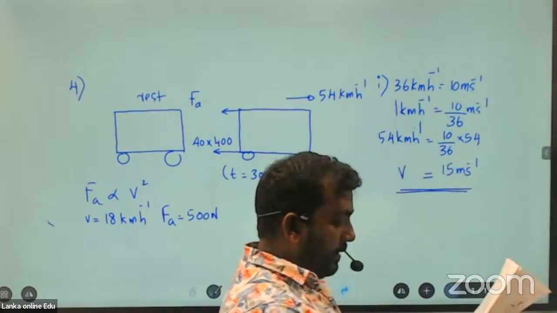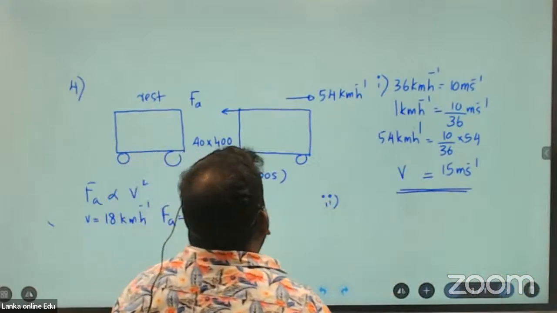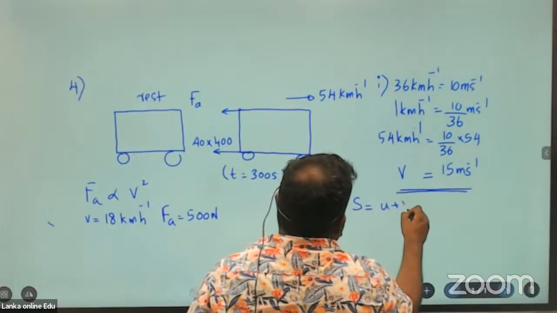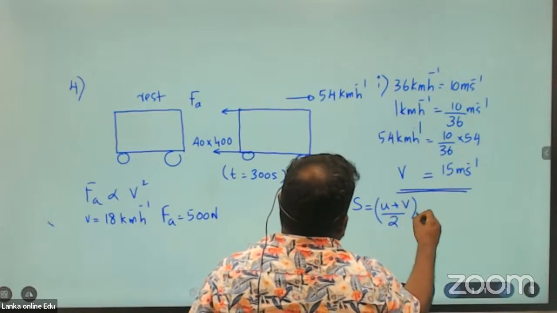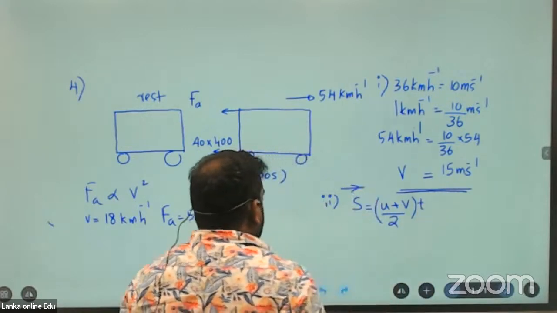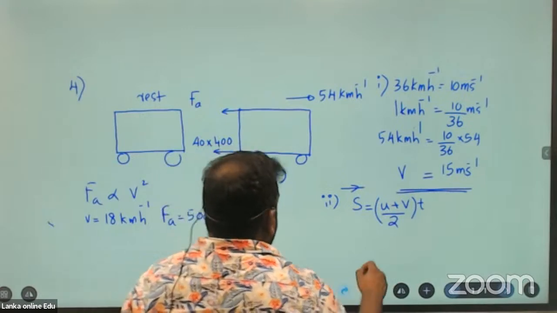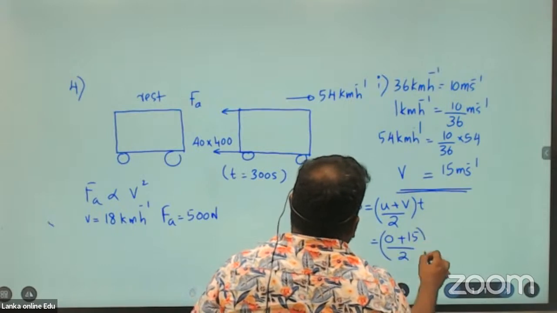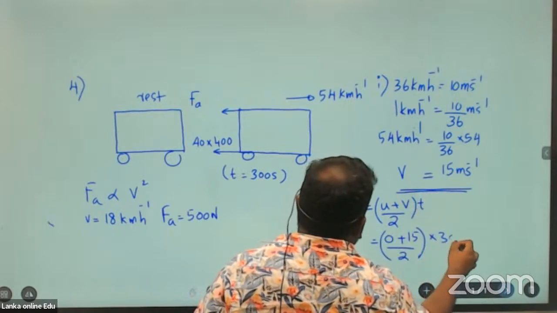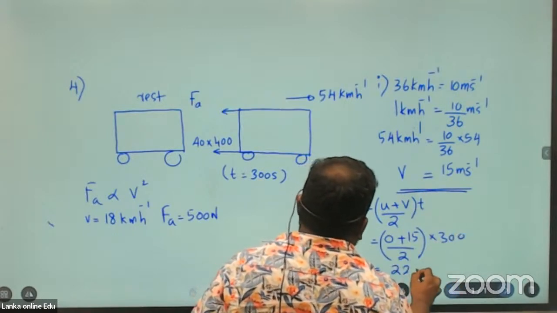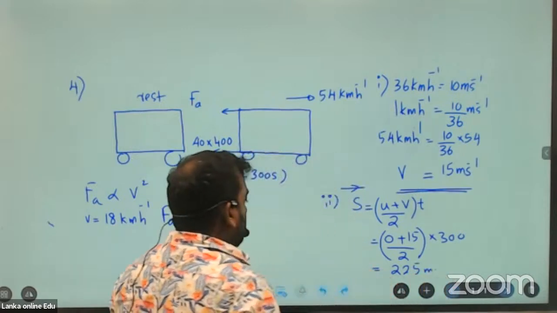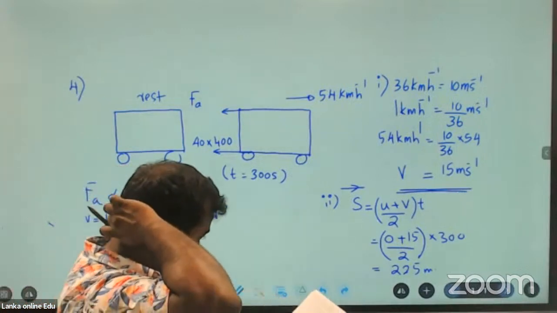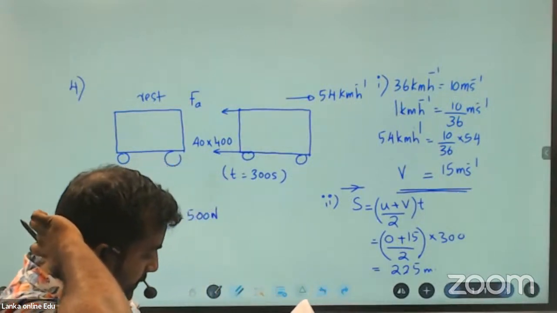Now, distance moved by the train during acceleration. Initial velocity 0. 15 divided by 2 multiplied by 300. So around 225 meters. Right. Next one.